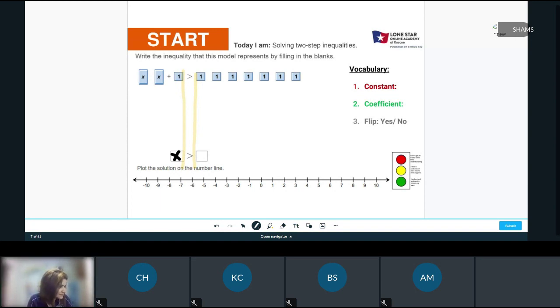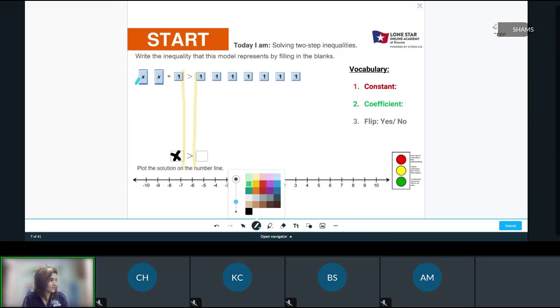Serenity, I see what you got, but I am wondering what your inequality will look like before you solve. Can you guide us here?